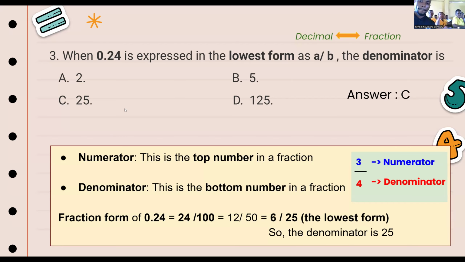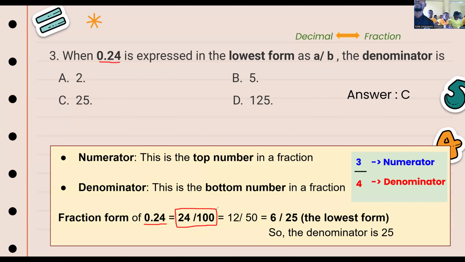Okay, yeah, we were talking about this question and just going through the steps in solving it. So we can express 0.24, this decimal, as a fraction of 24 over 100.